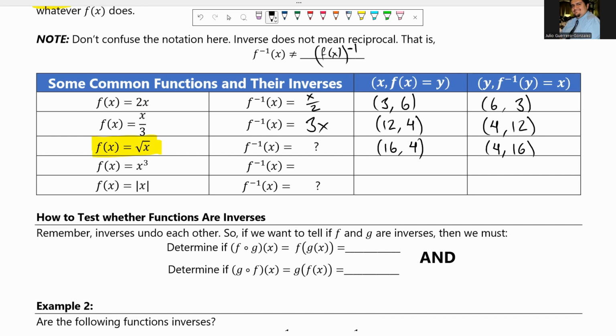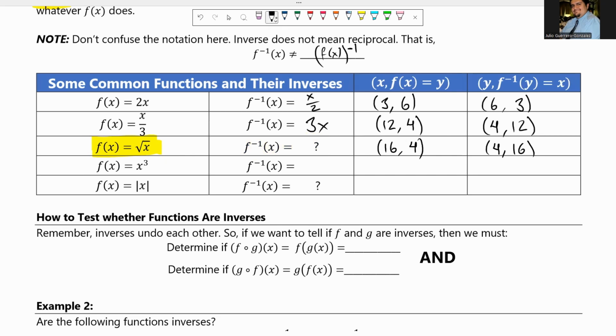If you take a look at the definition of f of x, our function, what this thing is doing is grabbing our input, our 16, and taking the square root. That's how we get our 4. So what we want for our inverse is for it to do the opposite, so that we give it 4 and it gives us 16. It's got to be some opposite operation of the square root.